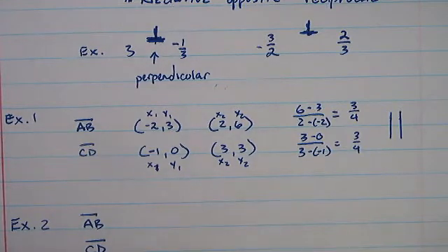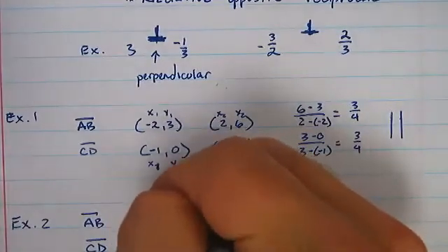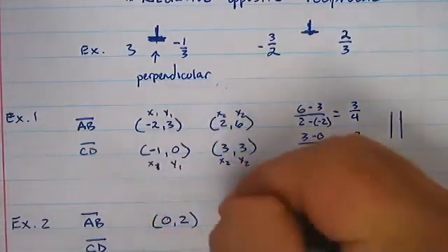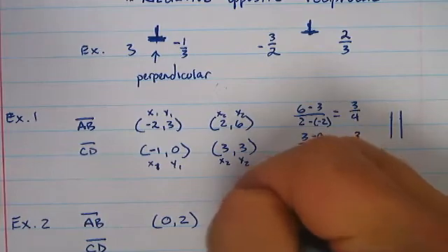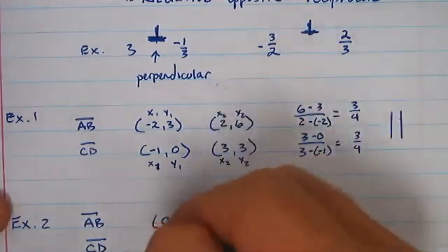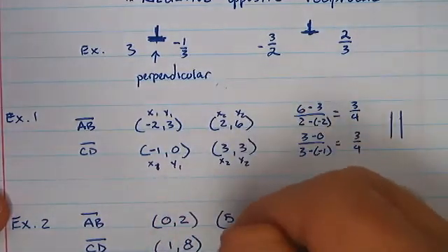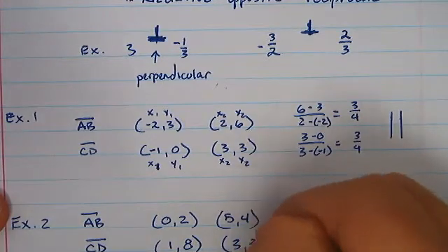Parallel perpendicular. There we go. And we'll go with that one. So 0, 2, and 5, 4. And then we'll have 1, 8, and 3, 3.